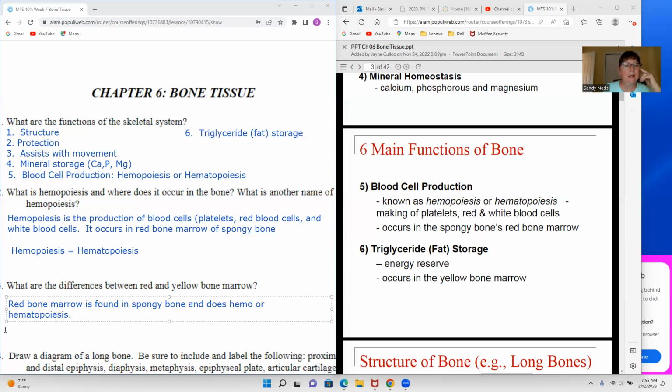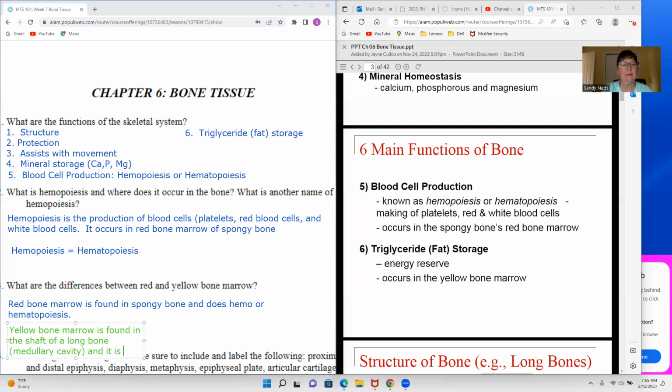So then let's talk about yellow bone marrow. Let's change the color on that so that it maybe sticks out a little bit. I won't make it yellow because it's hard to see. So yellow bone marrow is found in the shaft of a long bone called the medullary cavity.